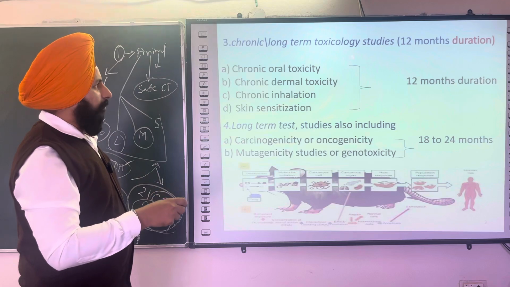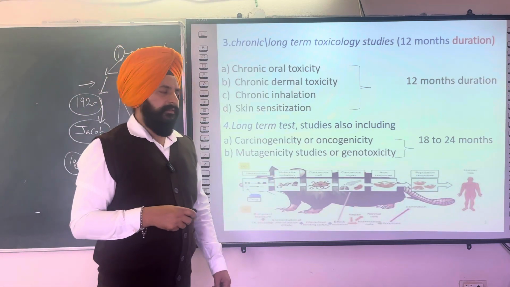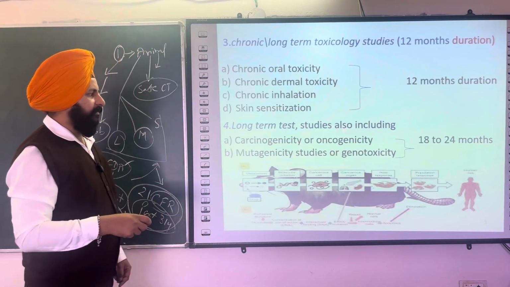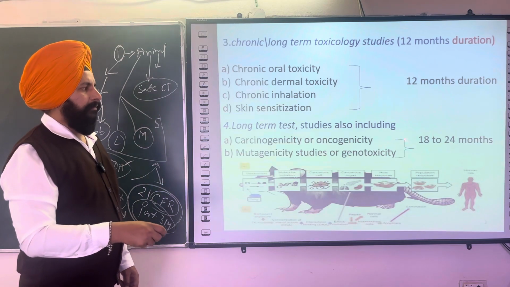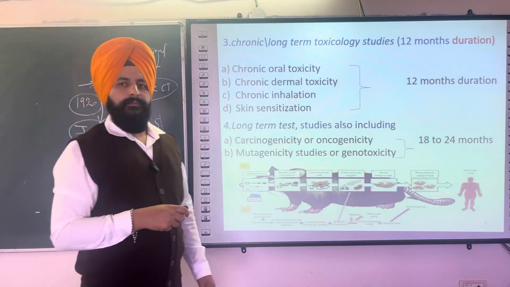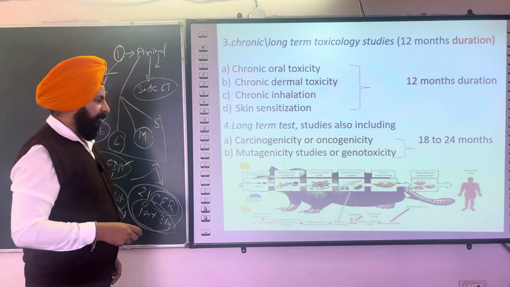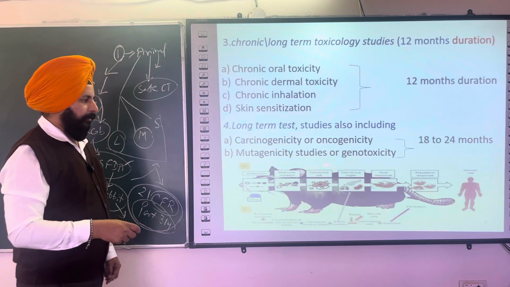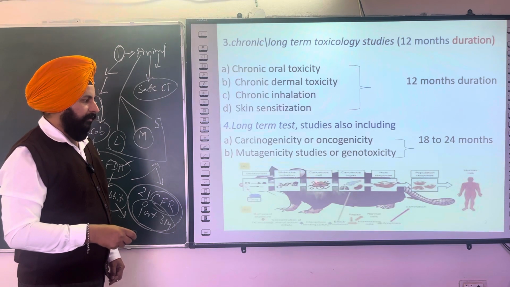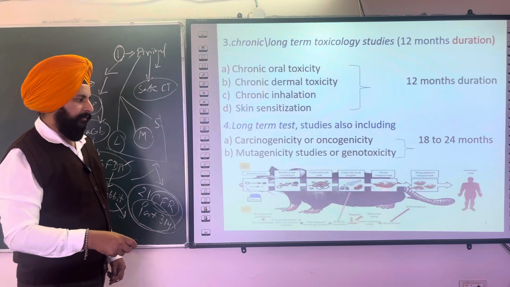Now, chronic and long-term toxicity: it could be for 12 months, and if it is a long-term toxicity like carcinogenicity, mutagenicity, it will be from 18 to 24 months, like 2 years. So you can see that we are administering one molecule to an animal. You can see that this molecule or drug is producing a lot of changes in the body of that animal.